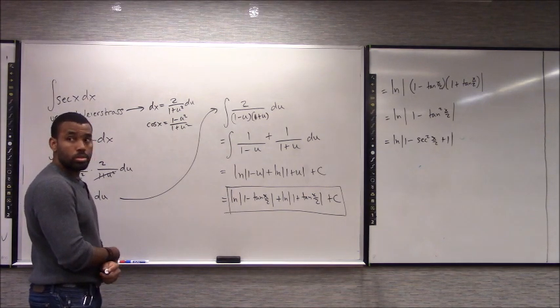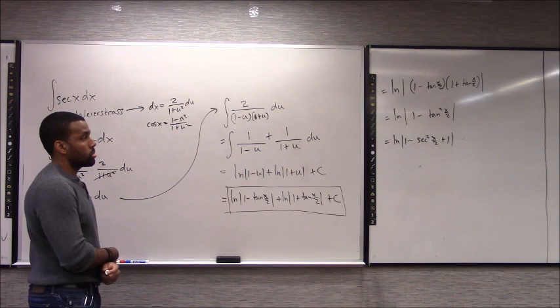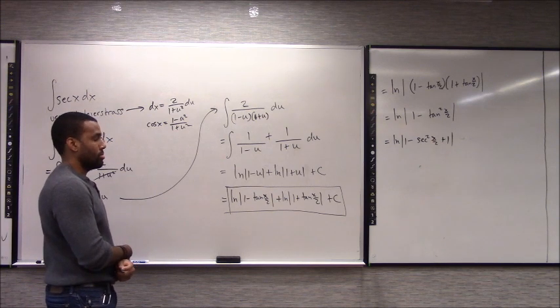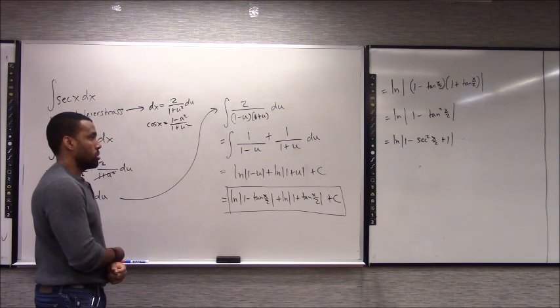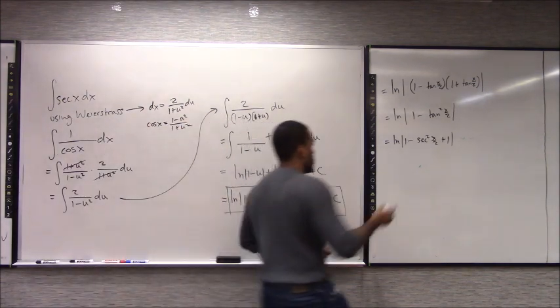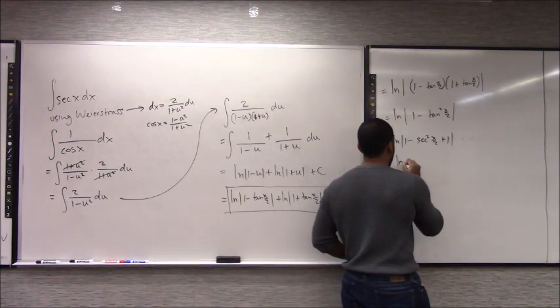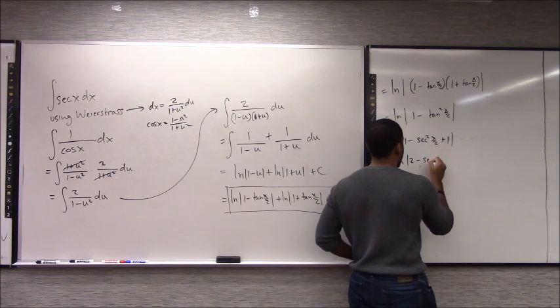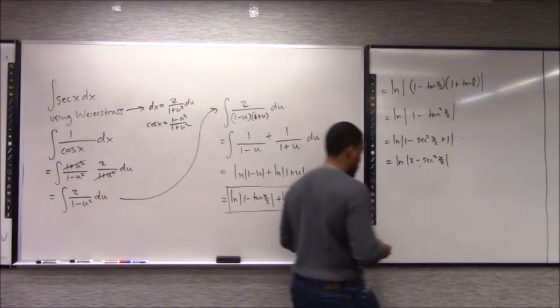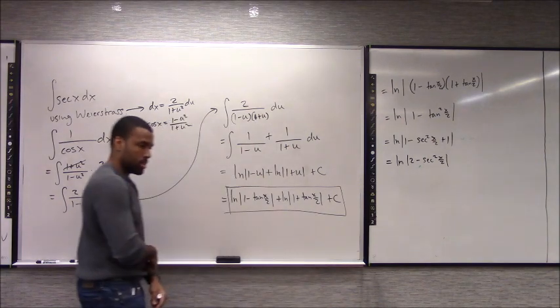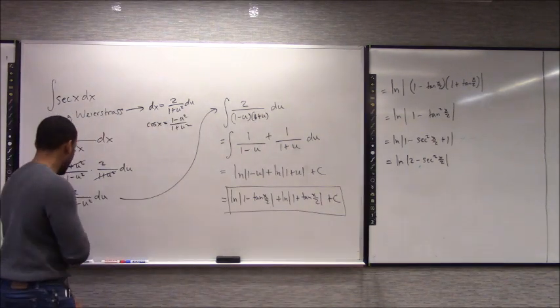Well, you have to change x over 2 to x somehow, right? Sure, yeah. But how? Is it true that 2 minus secant squared x happens to be exactly the same as secant x plus tangent x? How would you even go about proving that?